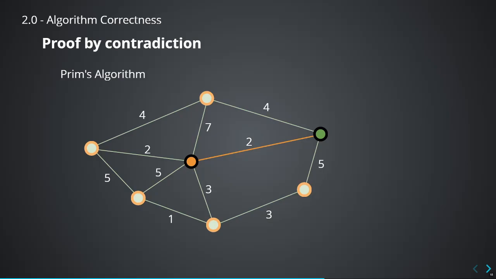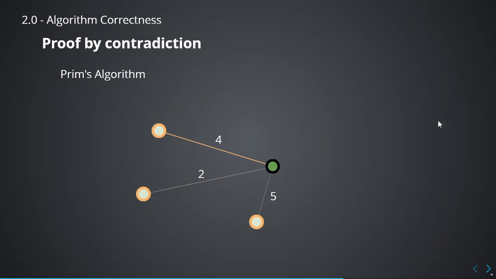But for now, just to give you an idea how proof by contradiction works, I can argue that, well, if you did not pick that edge that costs 2, let's say you pick the edge that costs 4, okay? Because you're making a spanning tree, eventually you will connect the middle node there, the one that was originally connected using the edge that costs 2. So you will eventually connect to that node using some other edges.